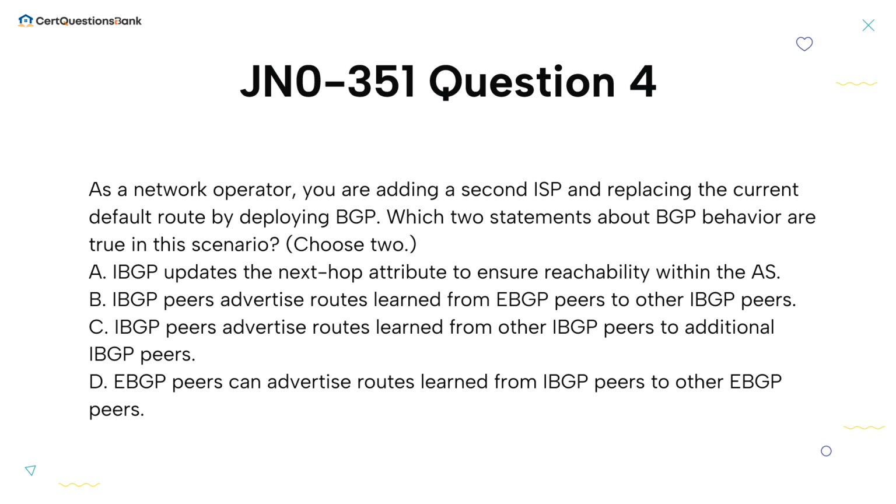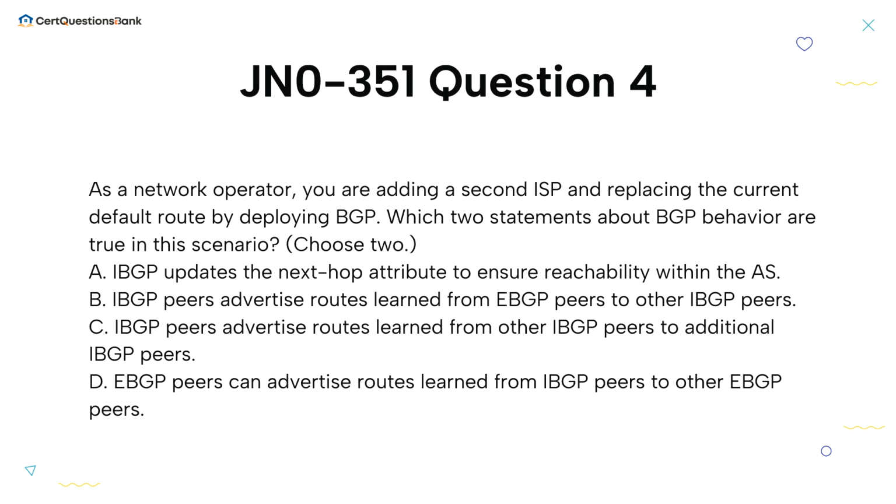As a network operator, you're adding a second ISP and replacing the current default route by deploying BGP. Which two statements about BGP behavior are true in this scenario? Choose 2. A. BGP updates the next hop attribute to ensure reachability within the AS.